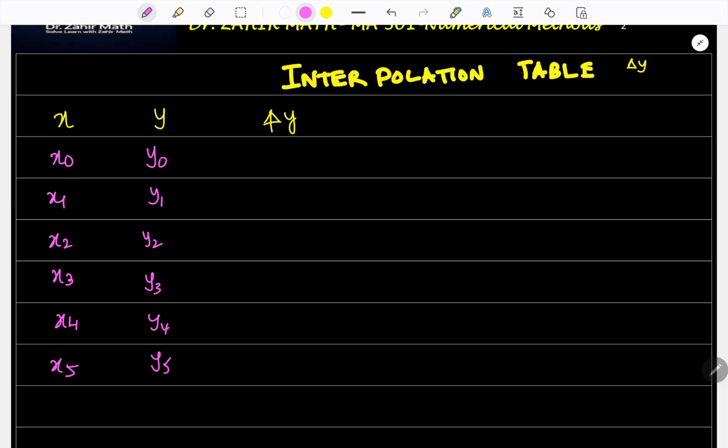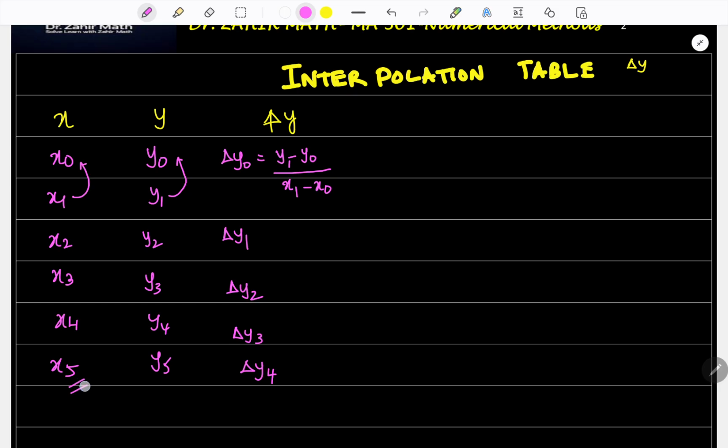So how are you going to get the first interpolation, that is delta y? Delta y0 is this minus this, divided by this minus this, which is y1 minus y0 divided by x1 minus x0. Right. Similarly, you're going to get del y1, del y2, del y3 and del y4.